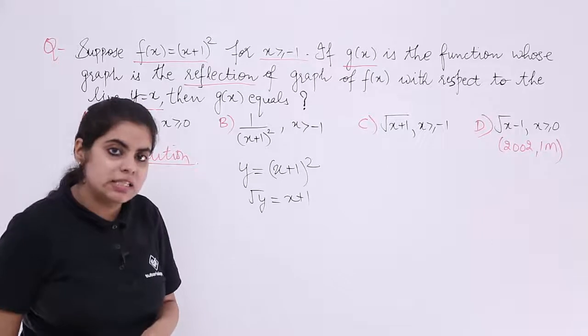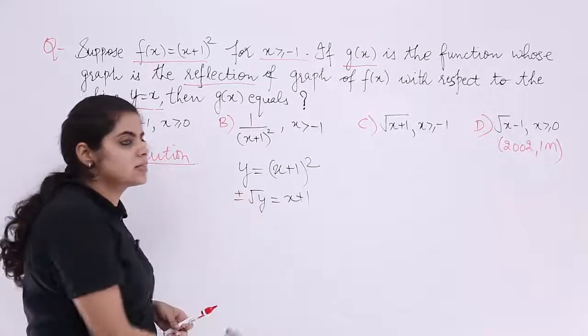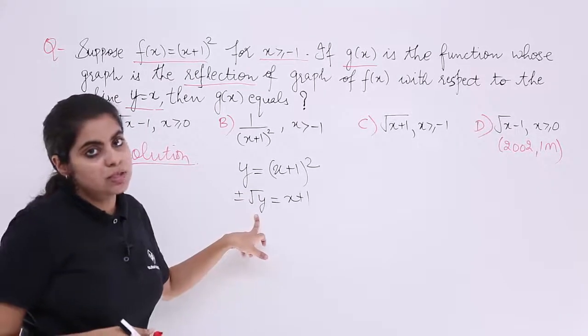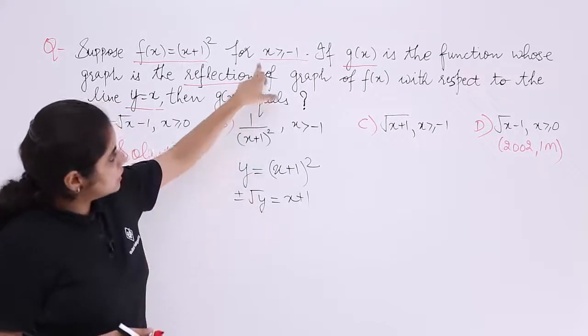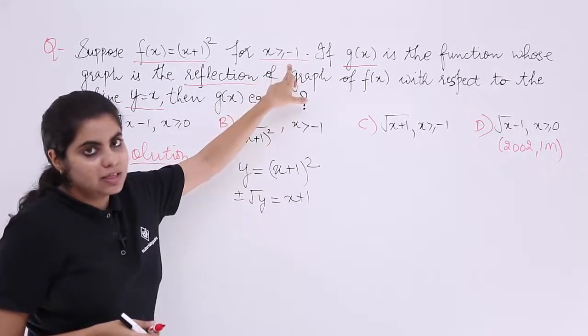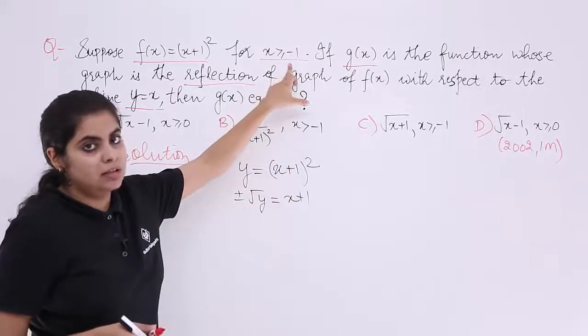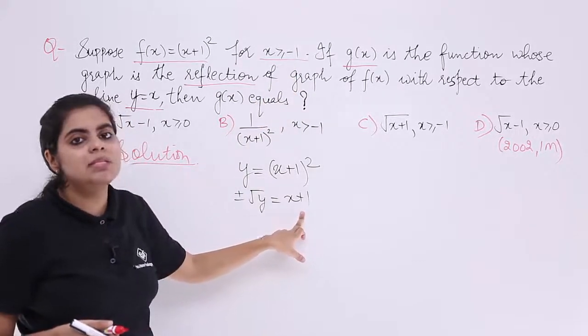Now in such cases, when you have a square root, basically it will become plus minus, right? Now, square root is always a positive quantity. And I have what? I have something called as x greater than equal to minus 1. So the minimum value of x is what? It is minus 1. If minimum minus 1 is put, minus 1 plus 1 becomes 0.